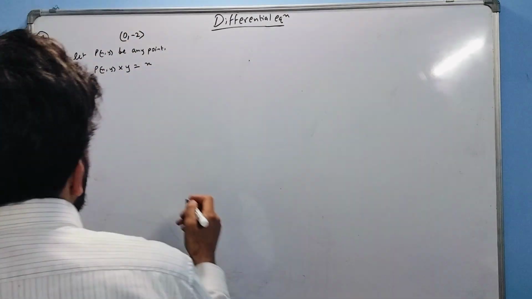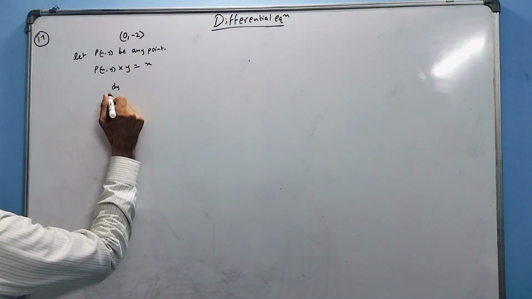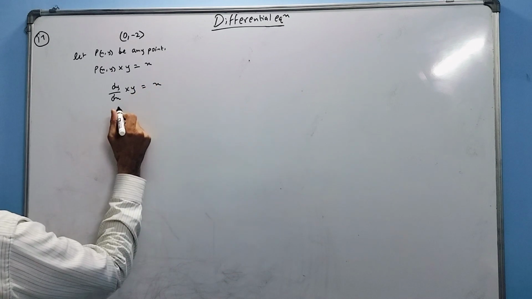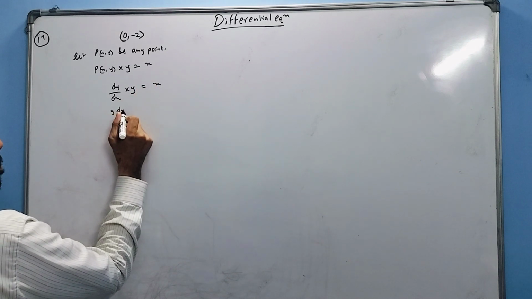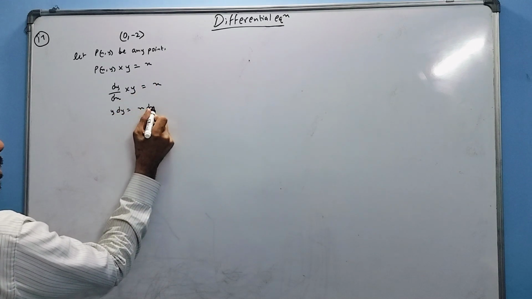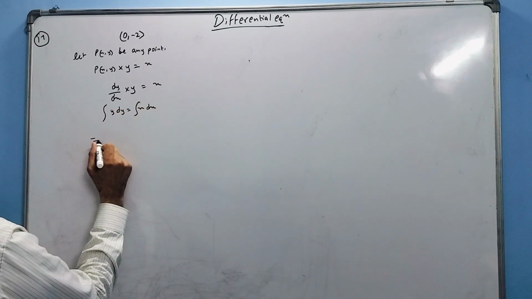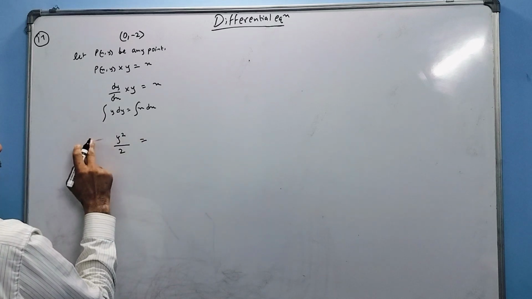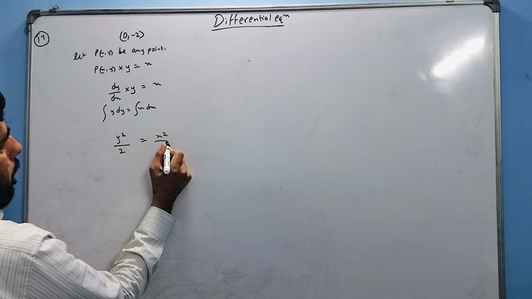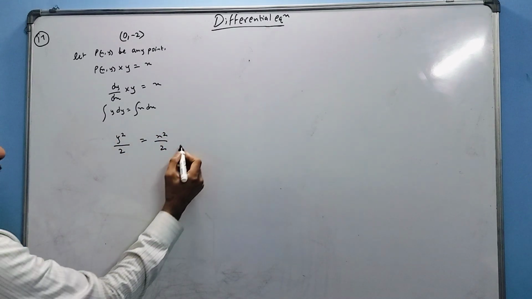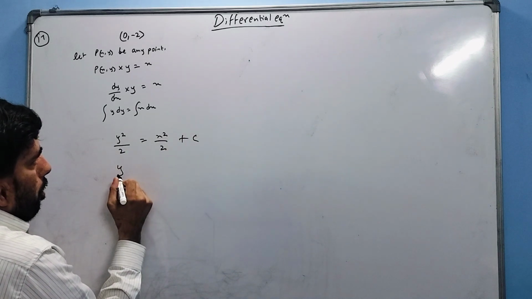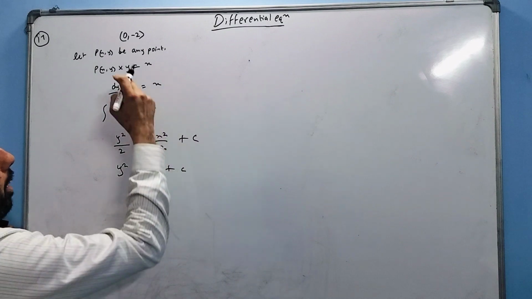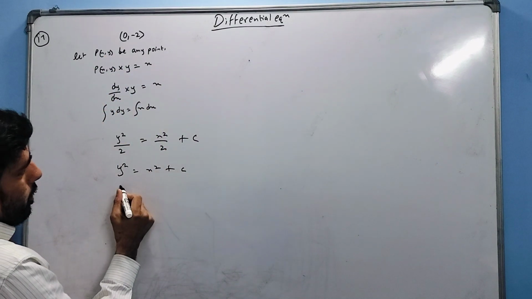We got dy upon dx into y is equal to x, or y dy is equal to x dx. So now we got y square upon 2 is equal to x square upon 2 plus c. So y square is equal to x square plus c. Now if x is 0, y is minus 2, so therefore c we got 4.